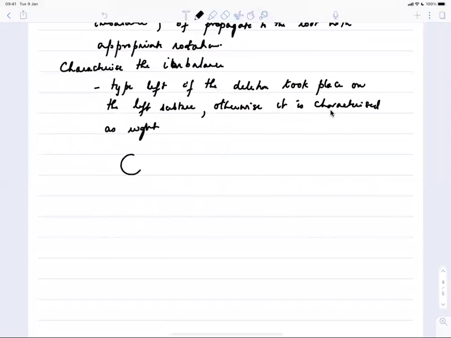So let's go back to this tree that we had. A and B and BL, BR and AR. Okay.